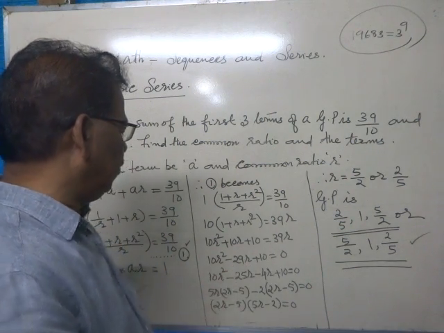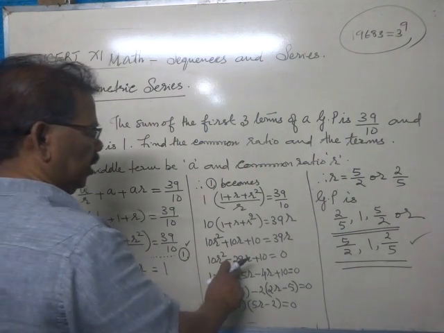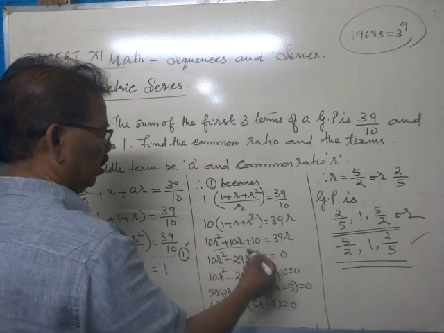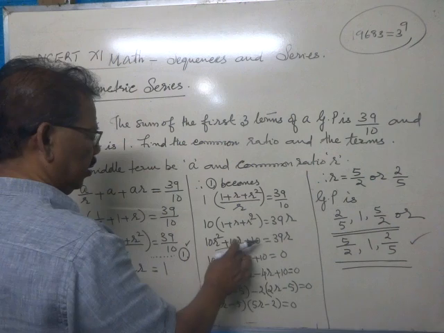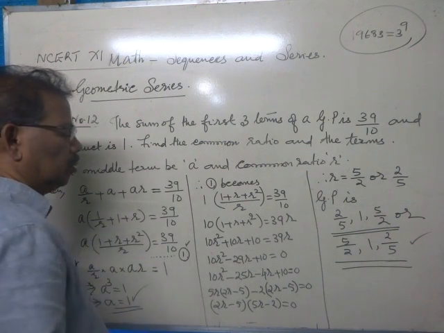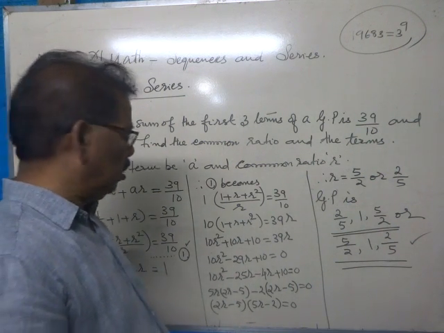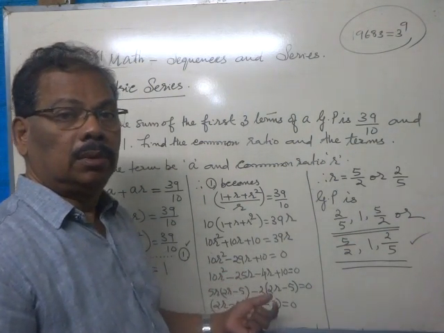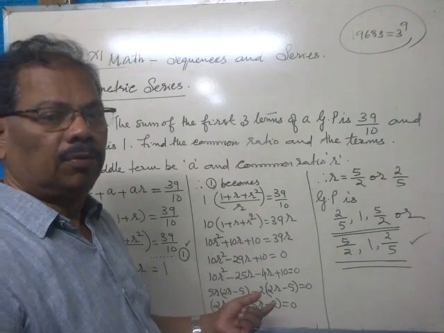The middle term on the left is negative 39R and the product is positive 100. So we can split negative 39 as the sum of negative 25 and negative 4.